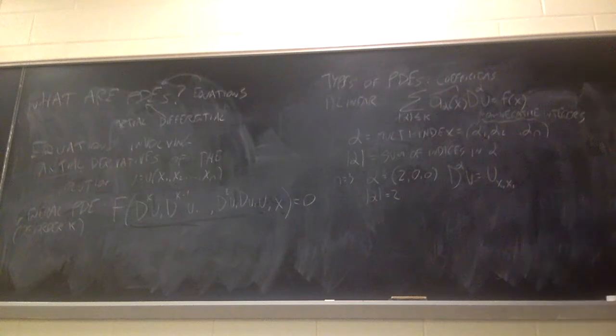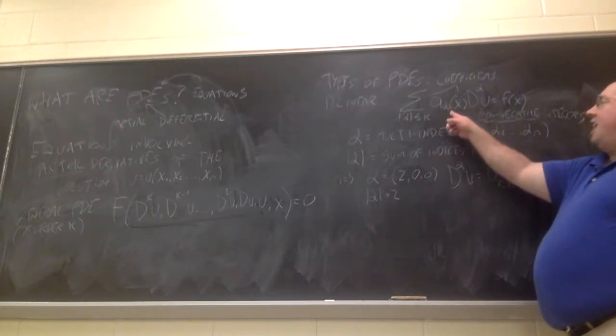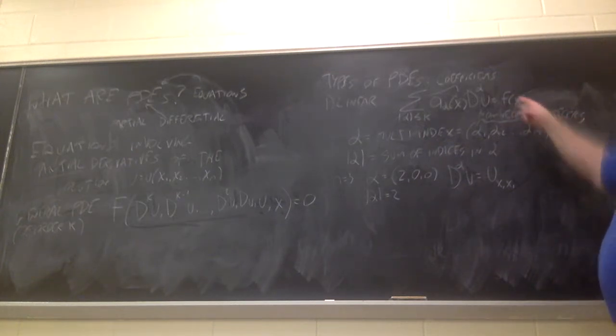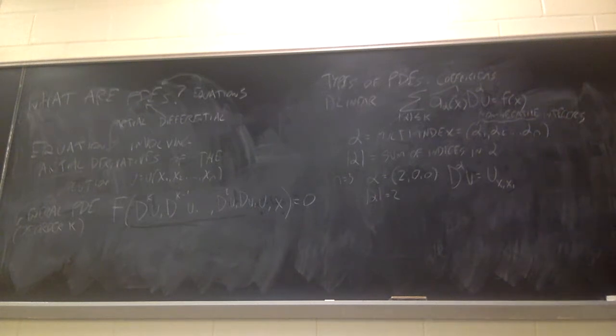What distinguishes a linear PDE as opposed to various nonlinear PDEs is that your coefficients are not allowed to depend on u at all. They can depend on x. Your right-hand side also cannot depend on u, only x.